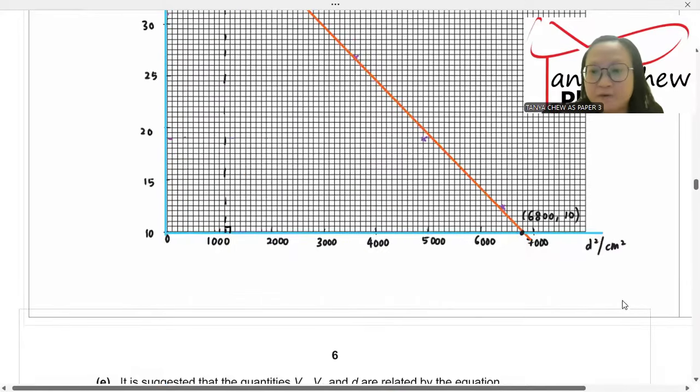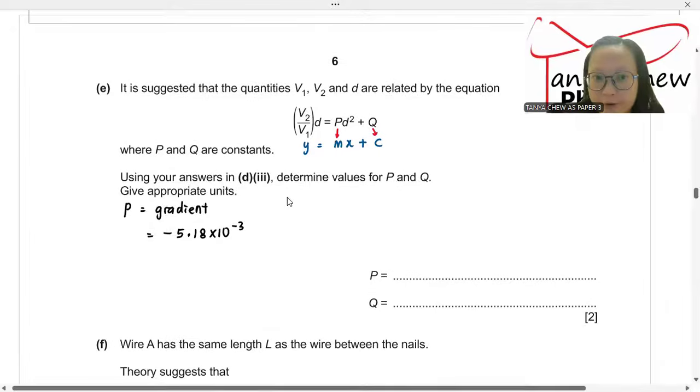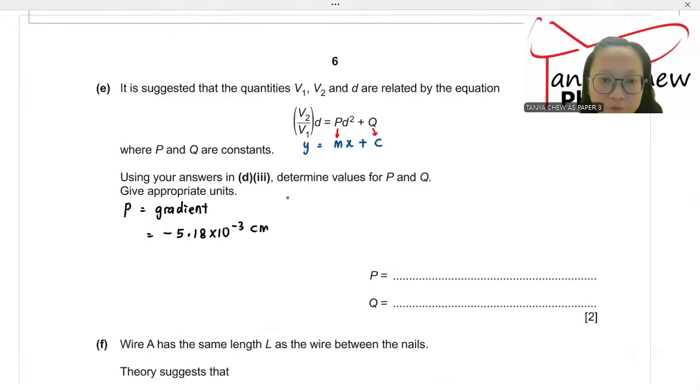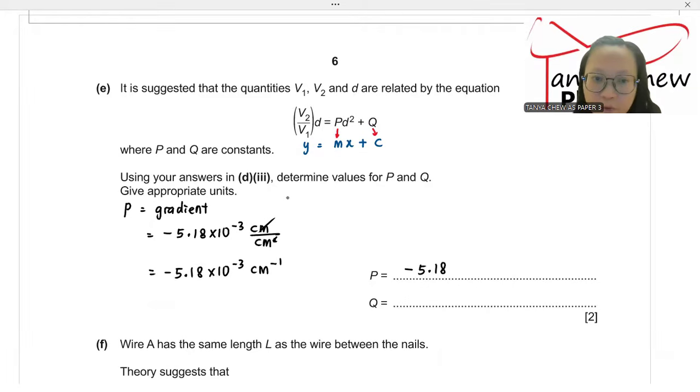So cm divided by cm squared. Can you see that? So the unit of P is per cm, cm to the power negative 1. So I just write down the answer: negative 5.18 times 10 to the power negative 3. The unit of P is cm to the power negative 1. Whereas Q is the y-intercept.